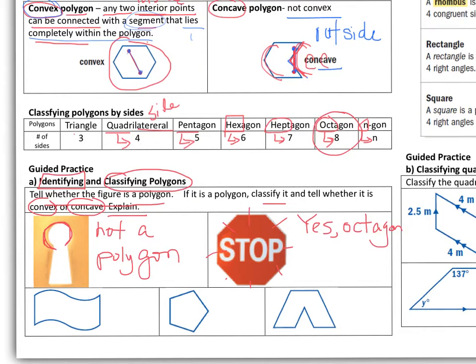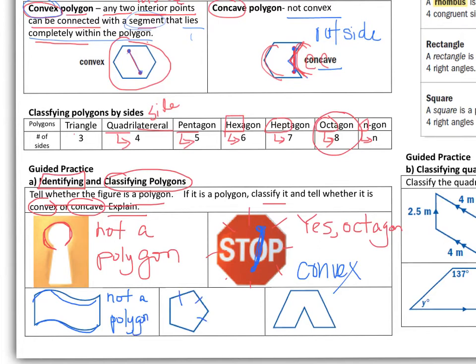If it's convex, remember, if I could draw 2 dots and form a segment inside the polygon, then it is convex. And here, I repeated the problem, there's a curve, or 2 curves, so it's not a polygon. We don't need to classify it when it's not a polygon.